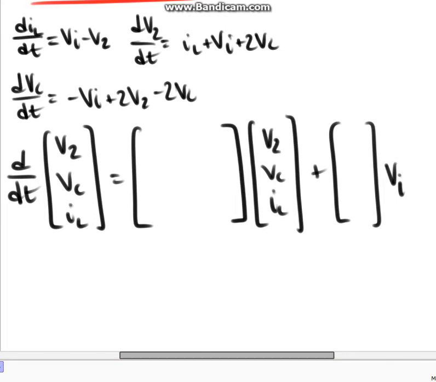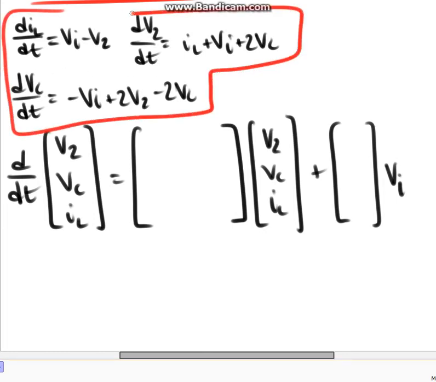Based on our equations, we plug their coefficients into their respective positions in the matrix.